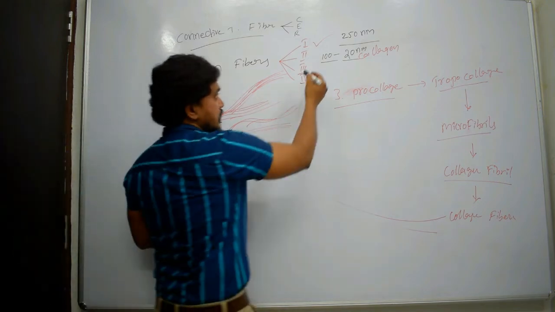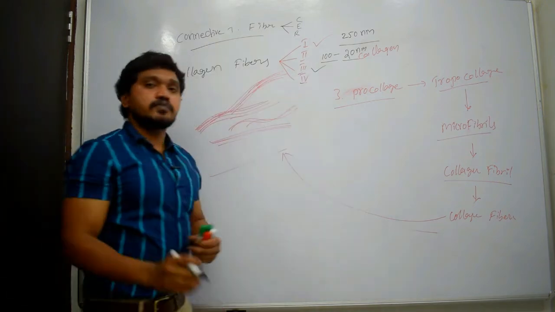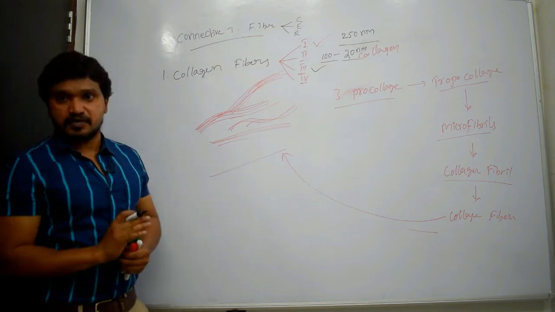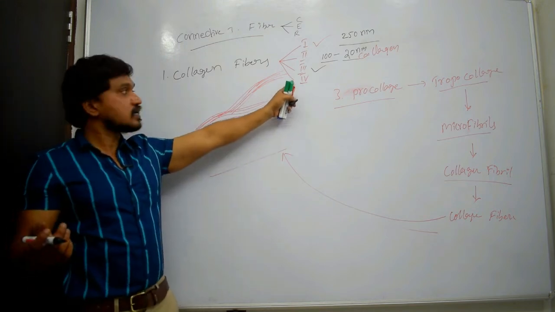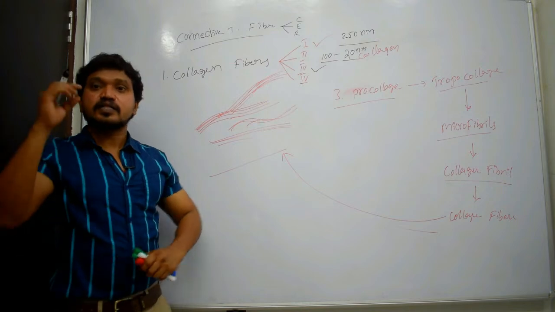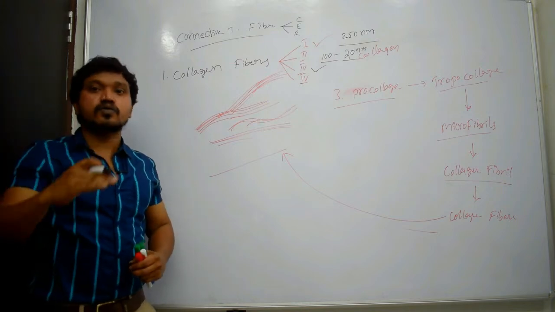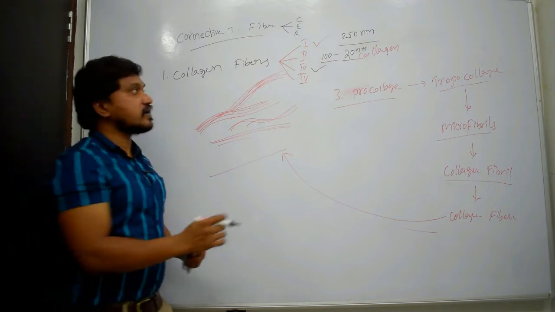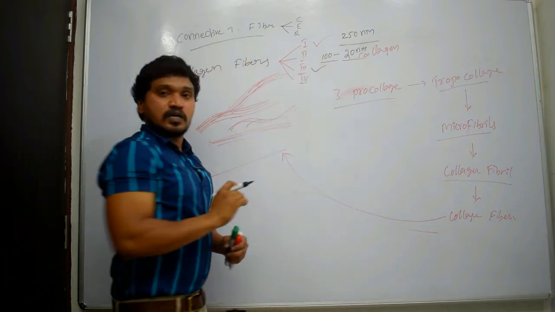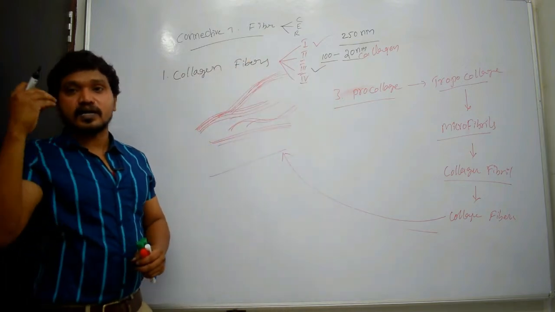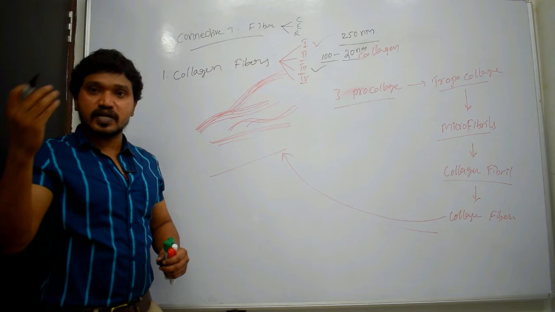Type 3 collagen fibers are reticular fibers. Actually, reticular fibers are nothing but type 3 collagen fibers, but these fibers are surrounded by glycoprotein, and their diameter is not regular. That means irregular in diameter.